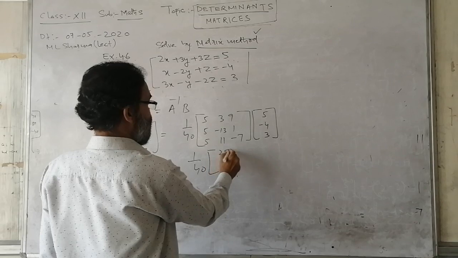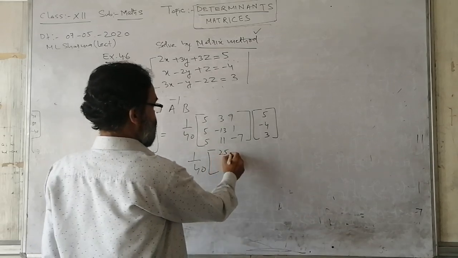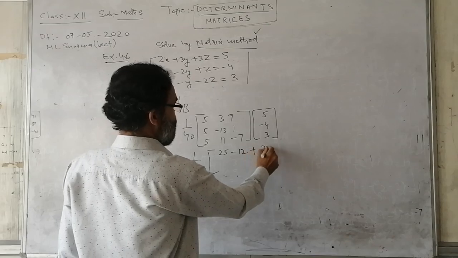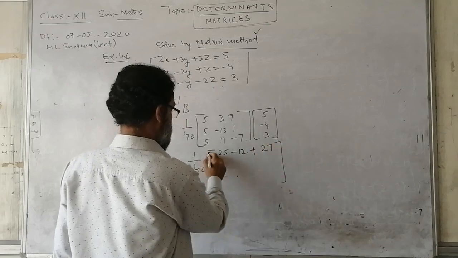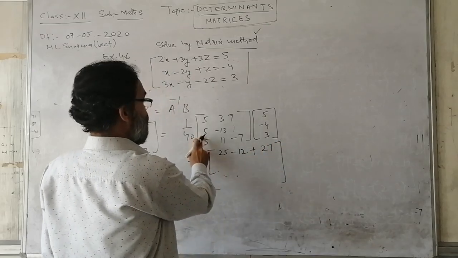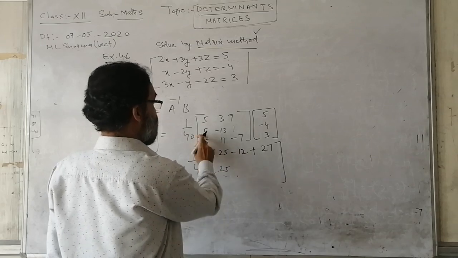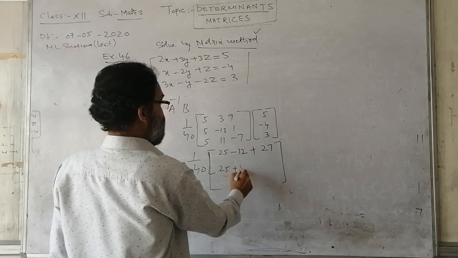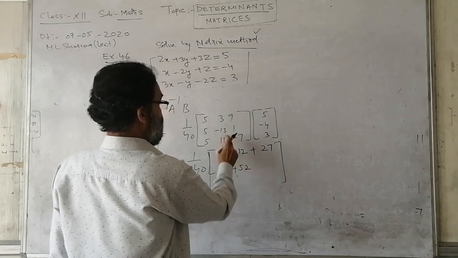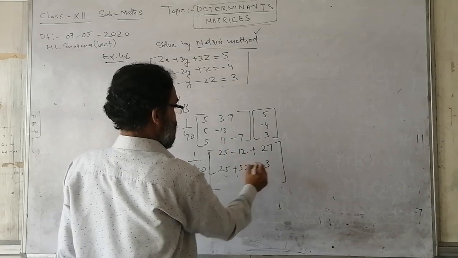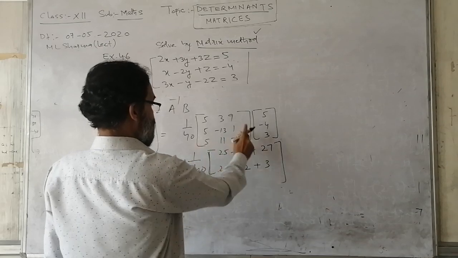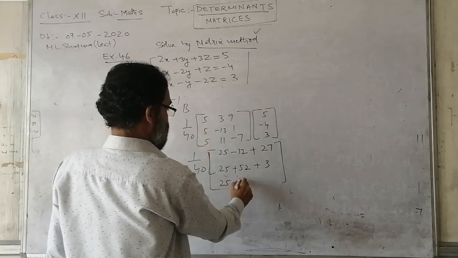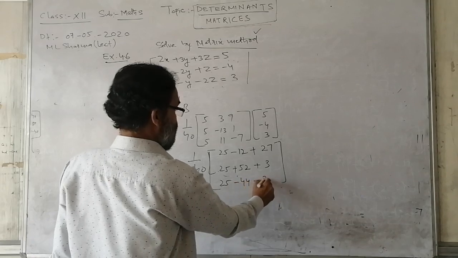So this will be 25, then minus 12, then 27 here, then 25 here, 5 into 5, so plus 52 here, then 3 here, then 25 here, minus 44 here, 21 here.